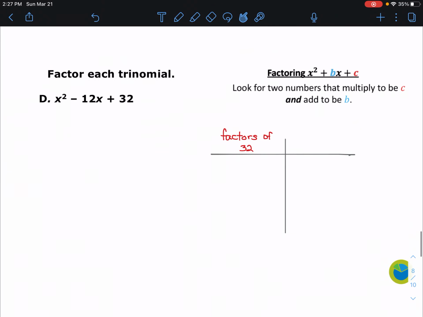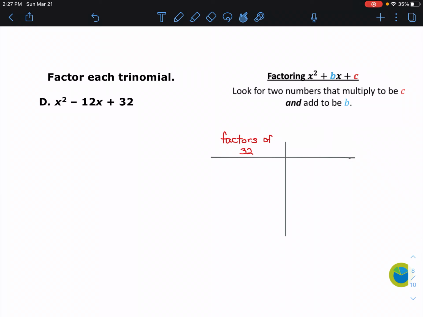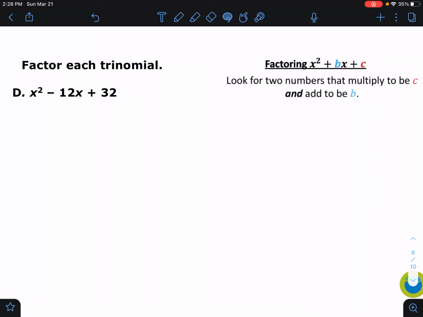So take your time. Now, if you're really good at this, you might not need these charts, right? You might be like, oh, I got this. I don't need this chart anymore, okay? Maybe that's the case, you say, I don't need it, and I'm good. But maybe you just write down a few. What are some numbers that multiply to be 32?